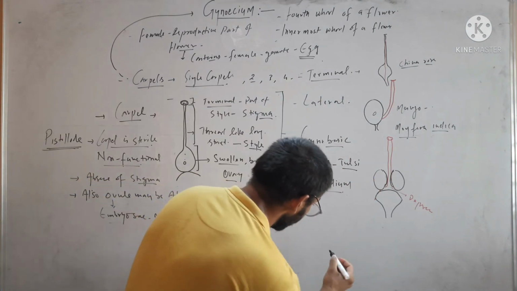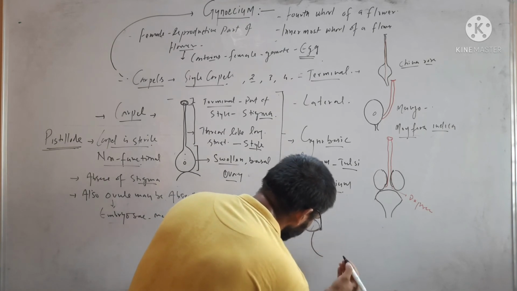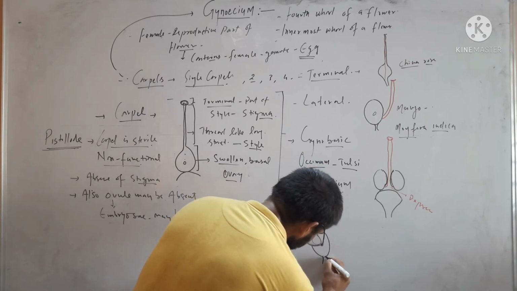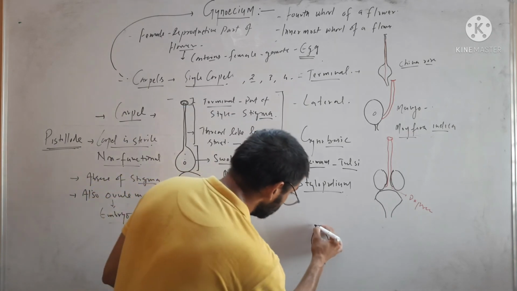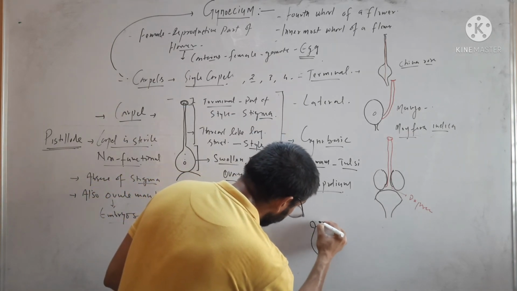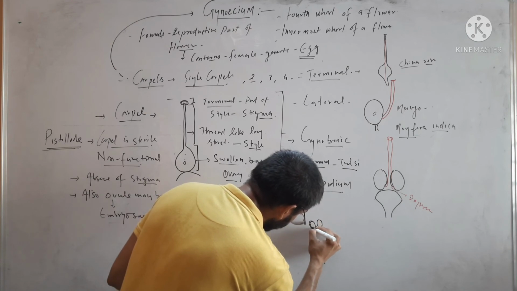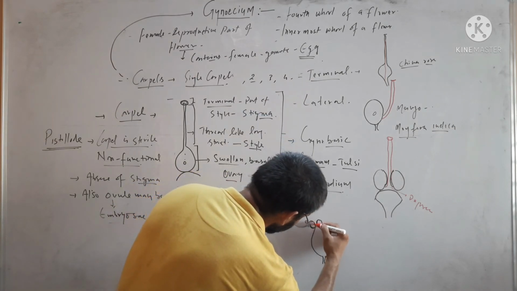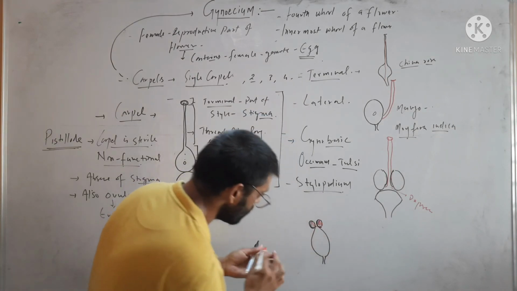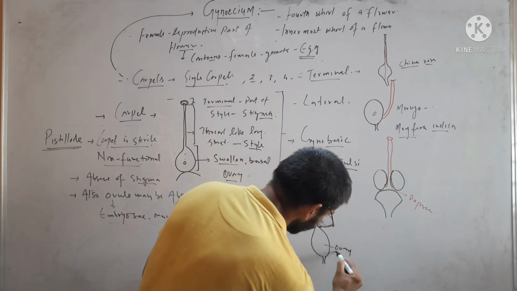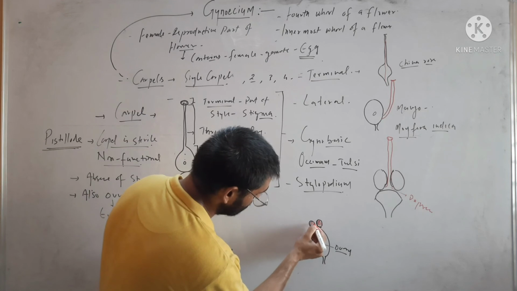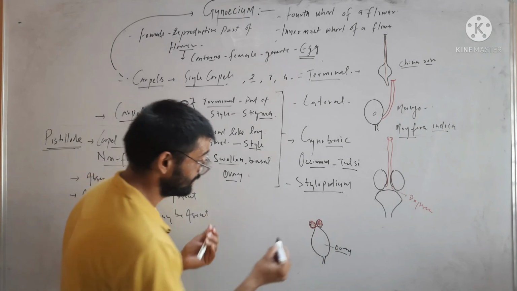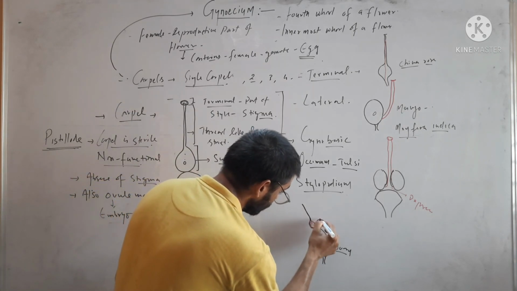Stylopodium, when the base of the style is a soft pad-like tissue. A soft pad-like tissue is present at the base of the style. So this is the ovary, and at the top of that ovary, pad-like soft tissue is present like this.